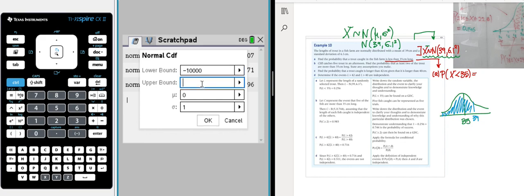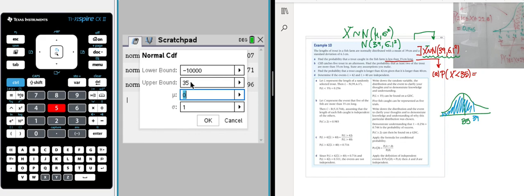Now, the first question is asking to find the probability that a trout caught in the fish farm is less than 35 centimeters. So the correct notation is X smaller than 35, but still the upper boundary is going to be 35 because it's a continuous random variable.